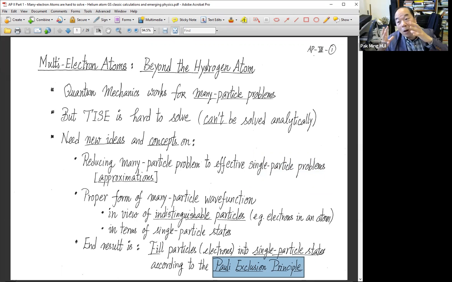What is the quantum mechanical statement about the Pauli exclusion principle? It turns out the statement has to do with some symmetry requirement of the wave function in describing 92 electrons or 2 electrons in a helium atom.